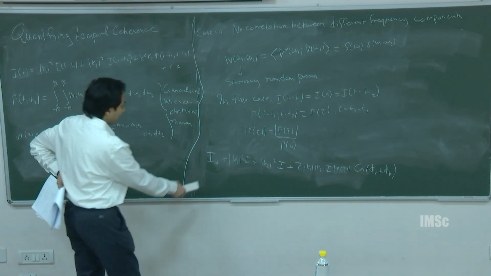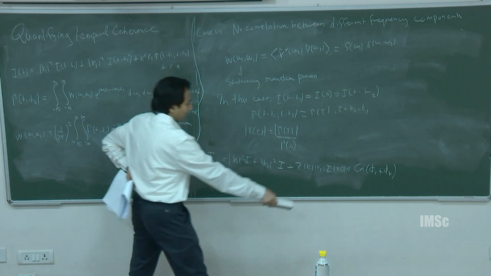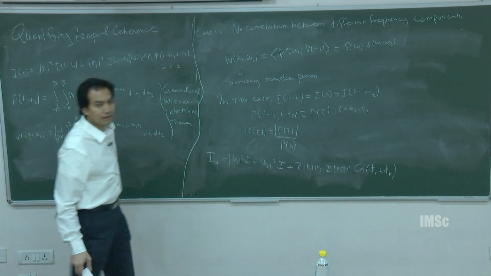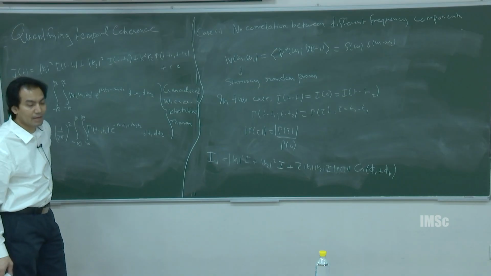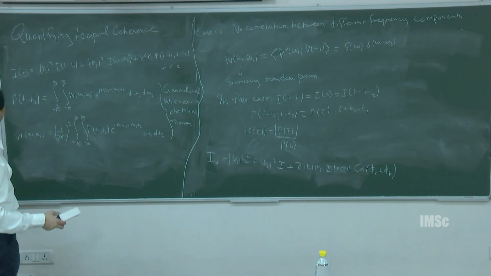So by measuring from the intensity or from the visibility, we should be able to investigate gamma, the temporal coherence, for this particular case. This is case 1.